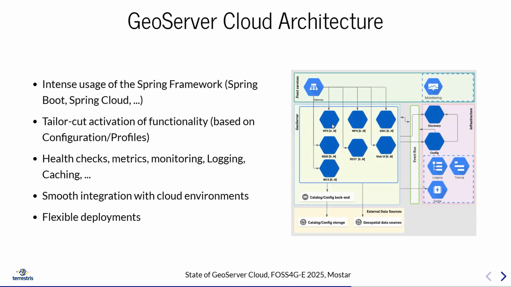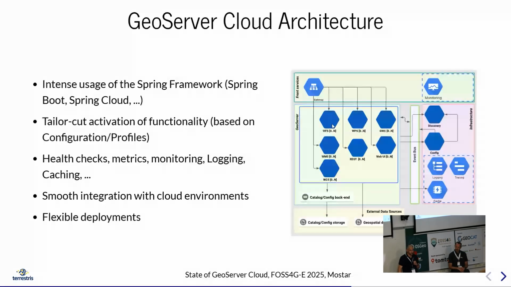As I said, there's an intense use of the Java Spring framework, Spring Cloud. And what's also new in GeoServer Cloud is that you have a configuration especially for GeoServer Cloud, which is what you can see on the right side in the infrastructure block, which is indeed the code that is new in this project.